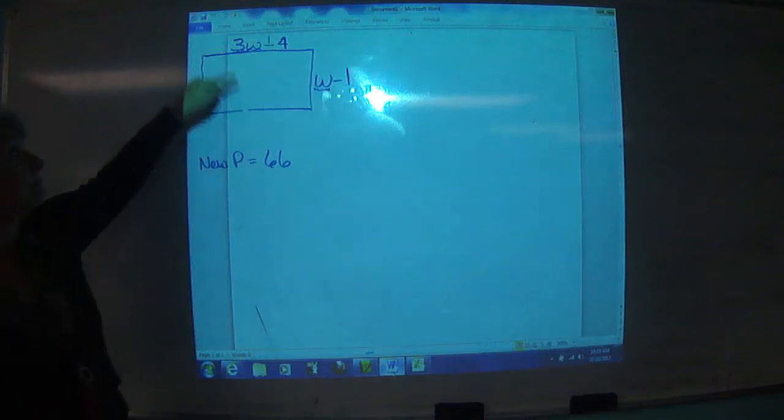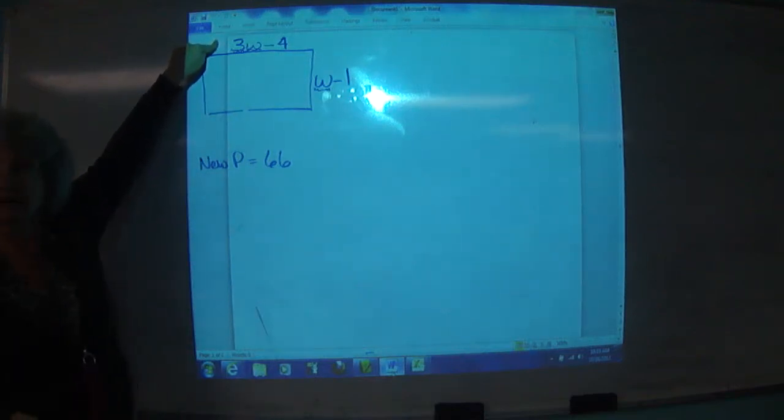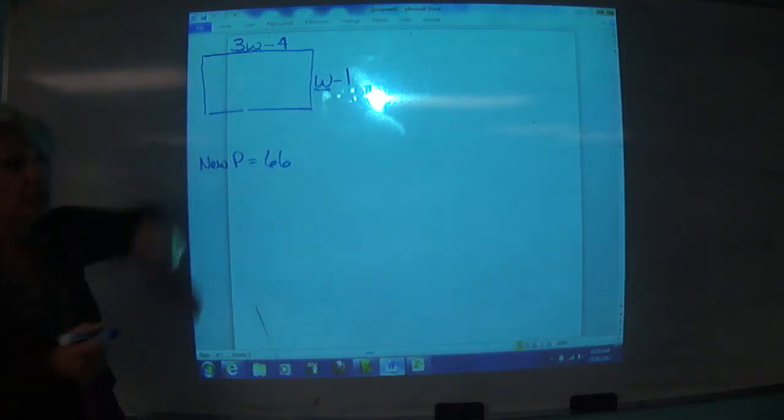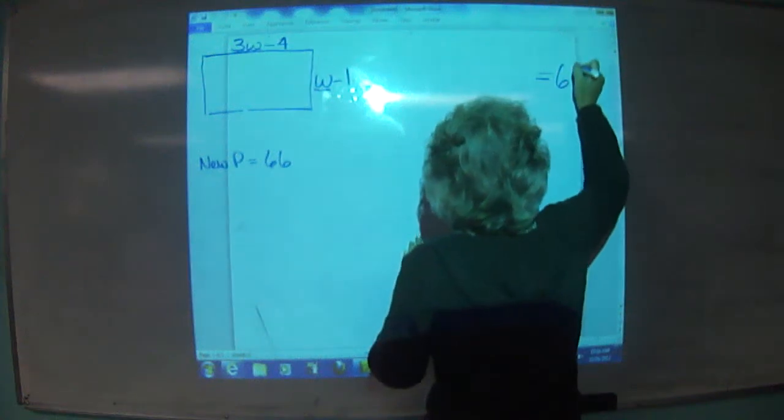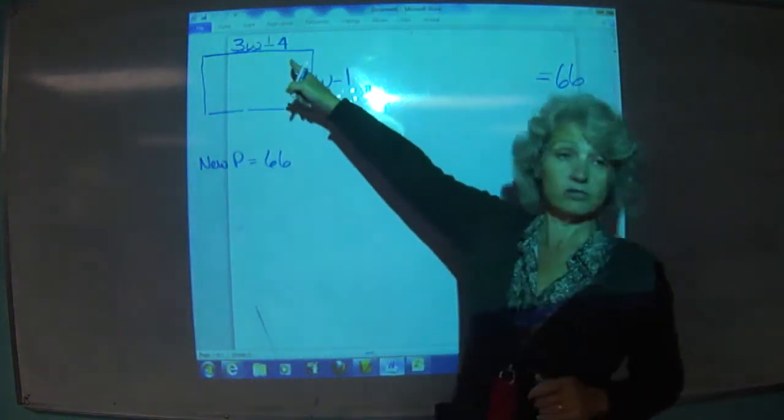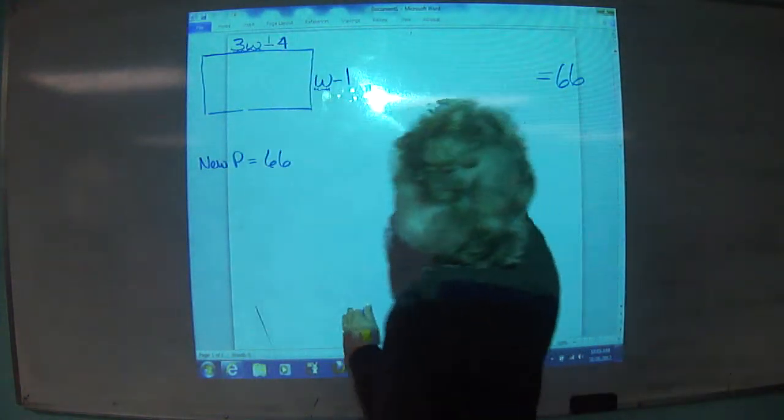They're the same. So what would we do to this side to get toward the perimeter? Plus 4. Put it on the other side. Well, they're the same, right? So if we're doing something equal to 66, how many of those would there be? 2.